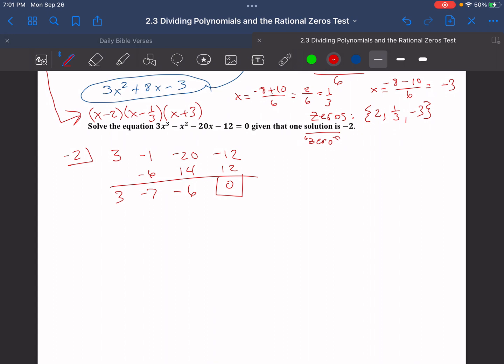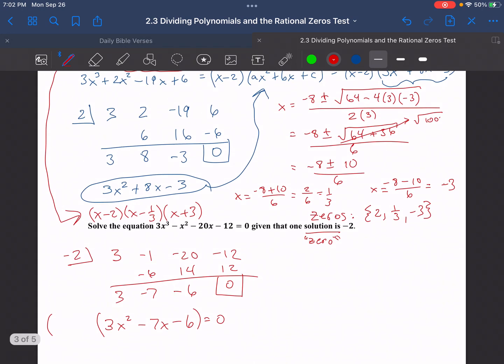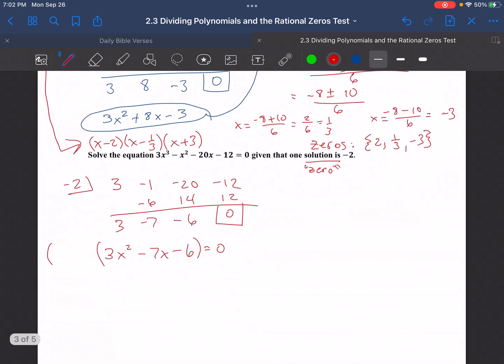So that brings us down to the new function. When we've taken that one out, all we have left is 3x squared minus 7x minus 6 equals 0, right? So it's this part, and then we have our x plus 2 here.